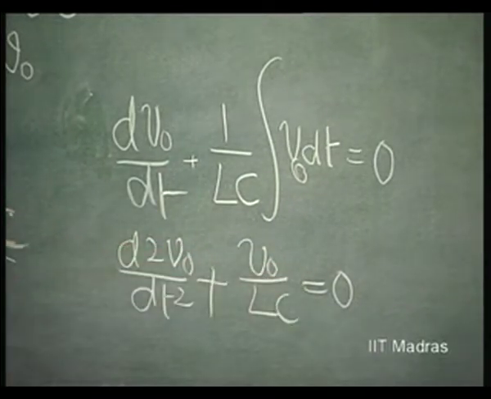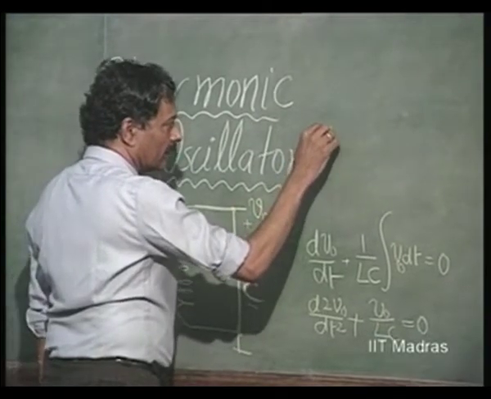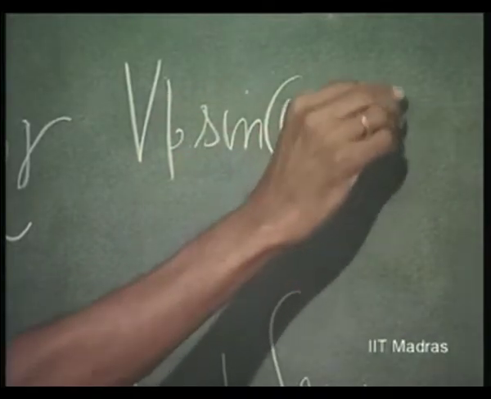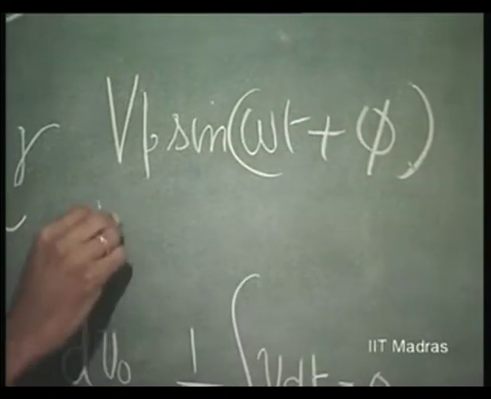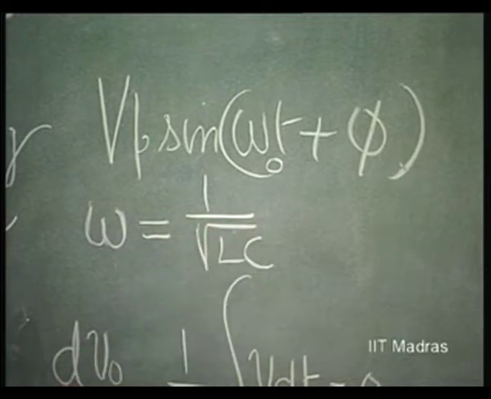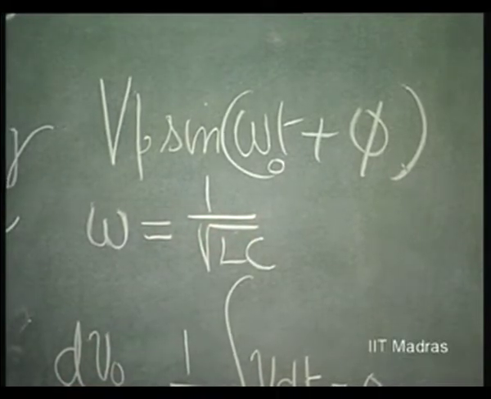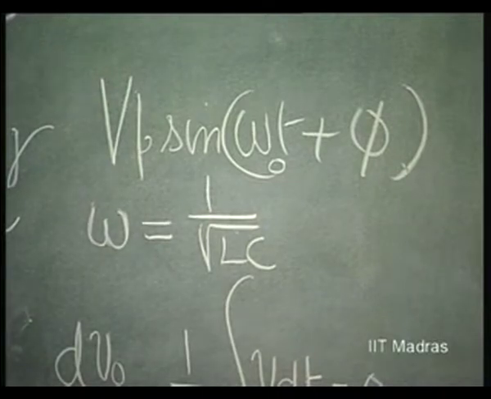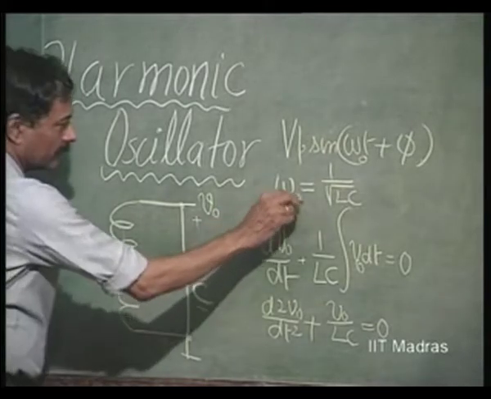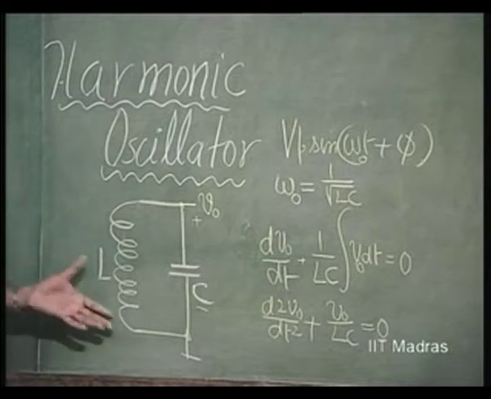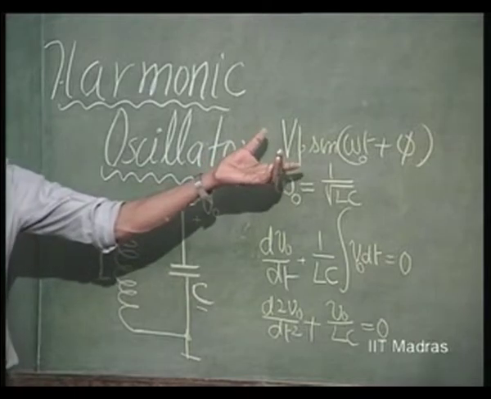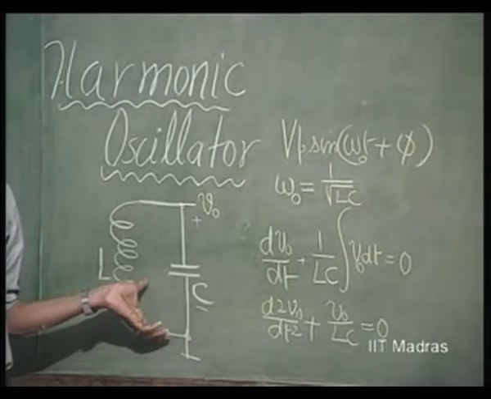The solution of this is nothing but some Vp sin omega t plus some phi. Omega naught is the resonant frequency, equal to 1 over root LC, root of gamma, that is known as the frequency. In mechanics you might be using some k or something like that there. This is a resonance circuit which can sustain sinusoidal oscillation with a certain amplitude. It does not tell anything about the amplitude, which depends upon the energy that is pumped into it.